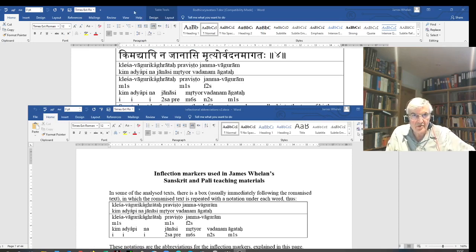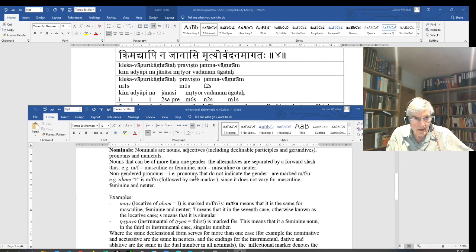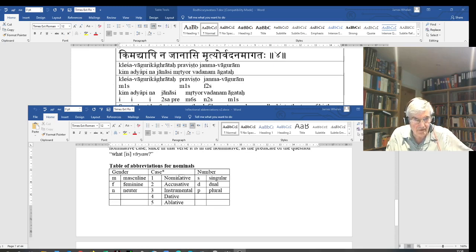So we're looking at this box that you've seen before. Now, if you look at this document, the inflection markers used in my Sanskrit and Pali teaching materials, all of them are described, and if you want to find what M1S means, you look at the table of abbreviations for nominals. Nominals is nouns, numerals, pronouns, and adjectives.